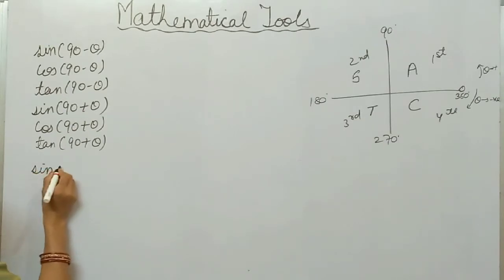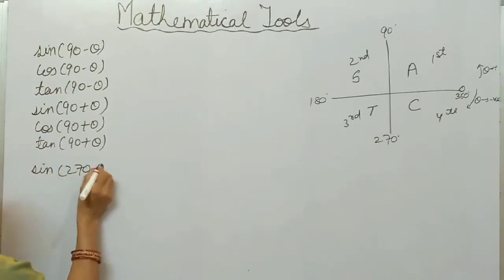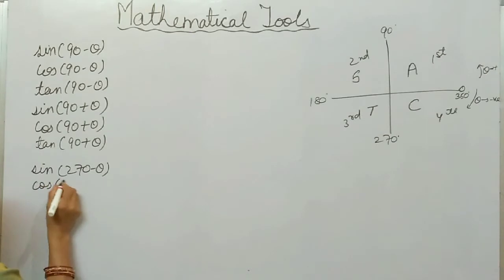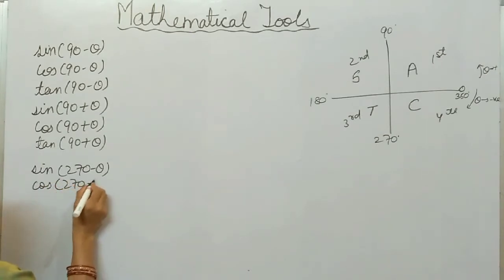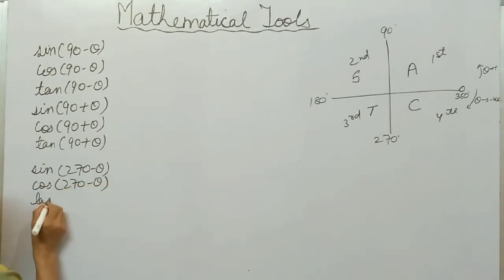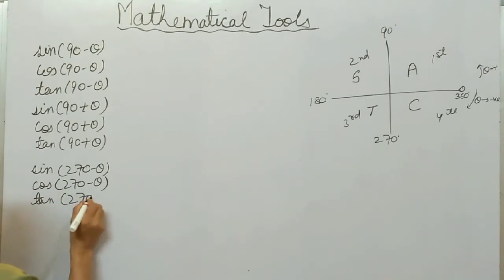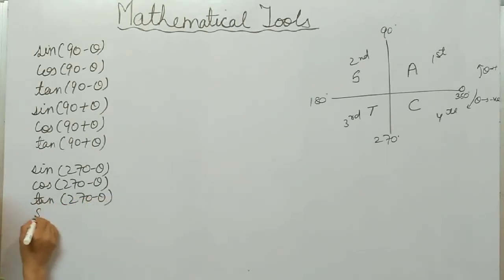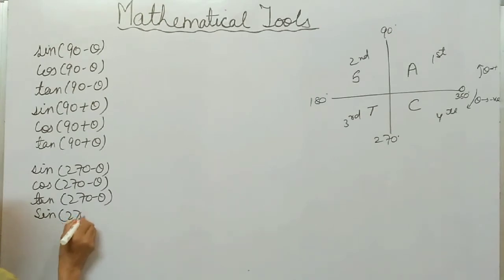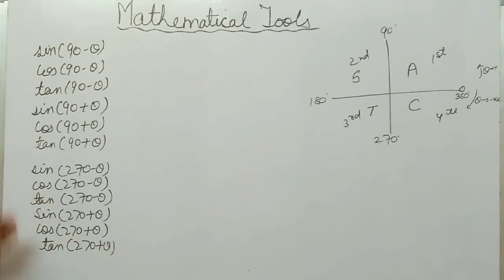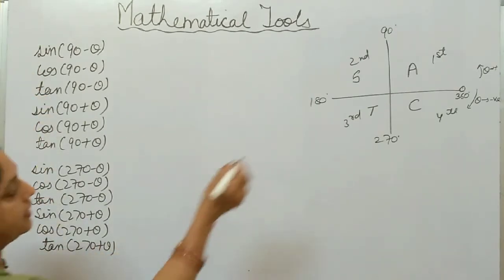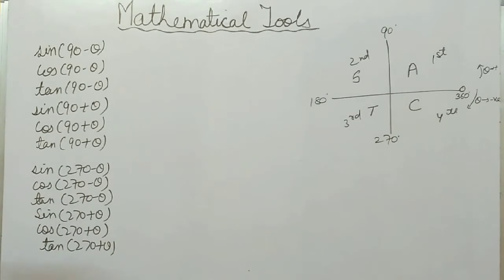Sine 270 minus theta, cos 270 minus theta, tan 270 minus theta, then sine 270 plus theta, cos 270 plus theta, then tan 270 plus theta. 90 degree, 270, then after that 180 degree and 0 degree, okay?